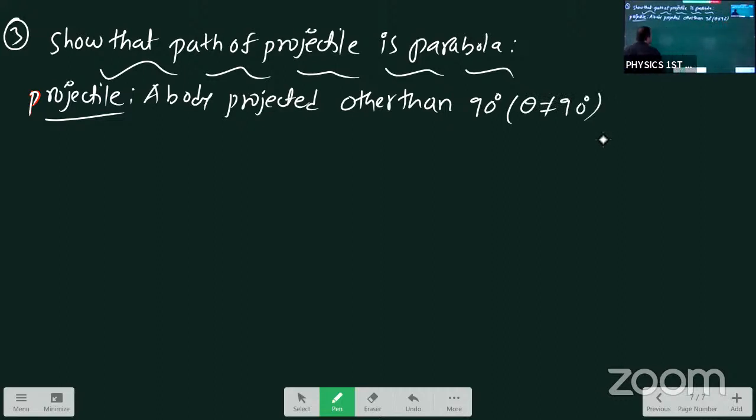So a body projected other than 90 degrees is what we call a projectile. Its path is a parabola.